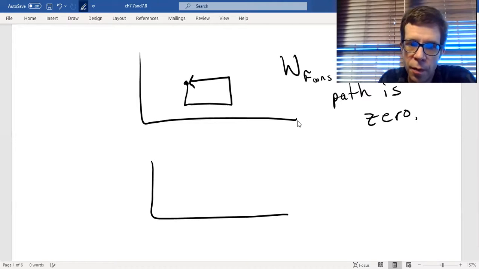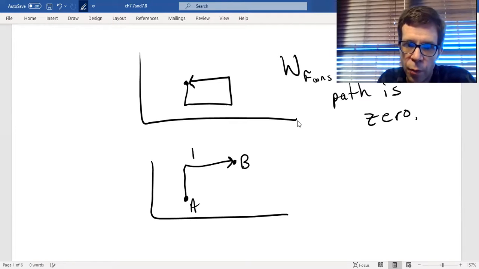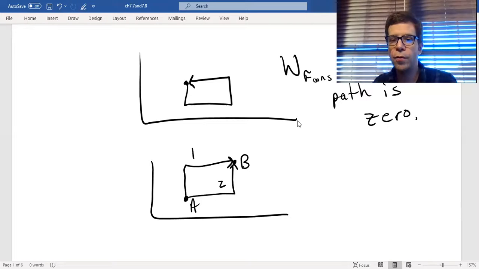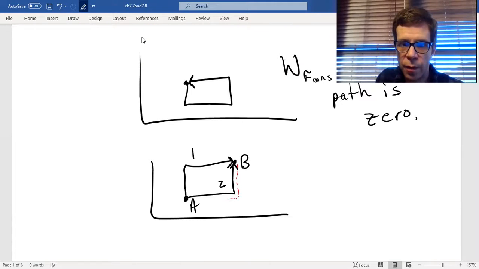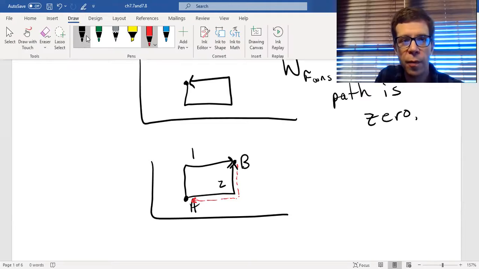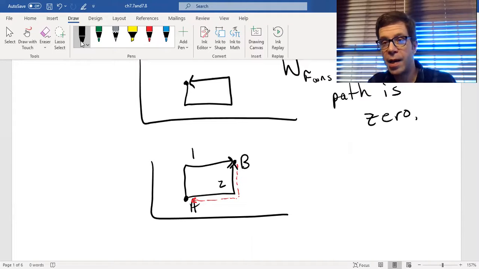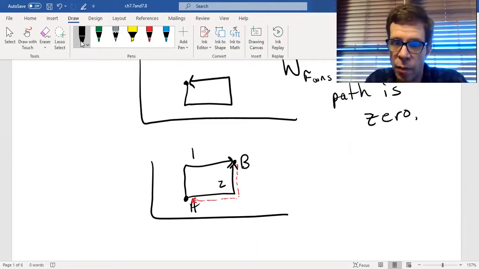If we look back at our point A to point B, you can consider moving along path 1 from A to B and moving along path 2 from A to B. And now we could think, well, what if I move along path 1 and then I move backwards along path 2? So moving backwards along path 2 would do negative the work that we did along path 2.